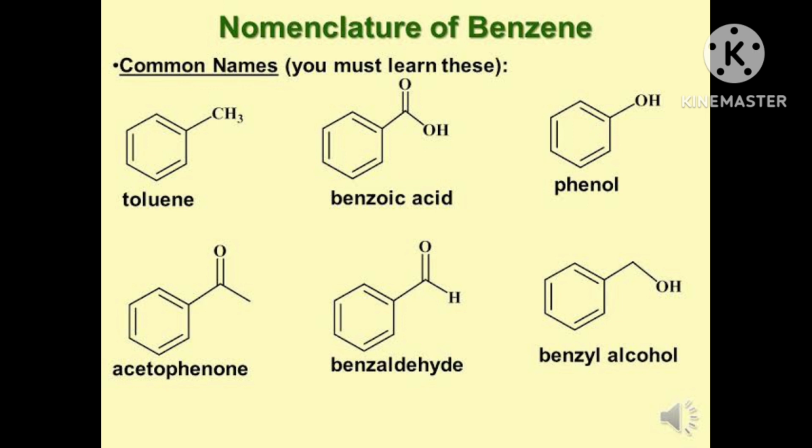Then in the example I told you, 1,3 is there, which you can abbreviate as meta, meaning meta-dibromobenzene, because on the first and third carbon bromine is there. Meta is abbreviated as small m.